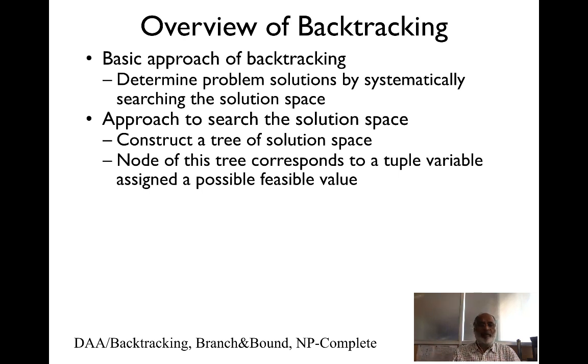We start from the beginning, where the tuple is empty. Then we look at the first variable, called x1, that will correspond to an edge. Whatever possible values x1 can have, the root node would have that many child nodes branching out, and then we come to a state where x1 is assigned.